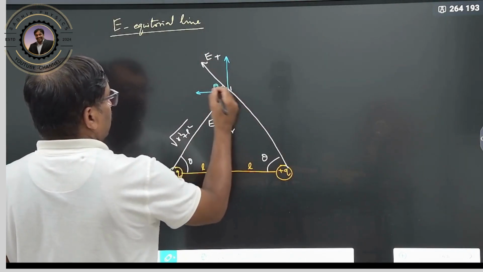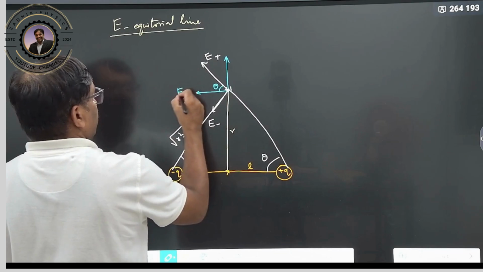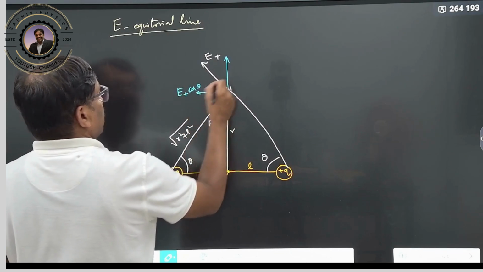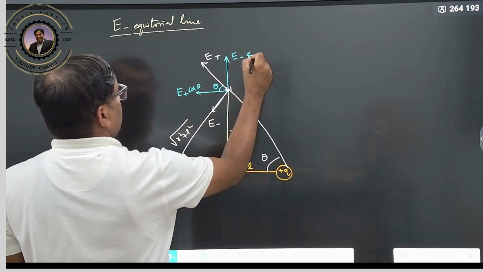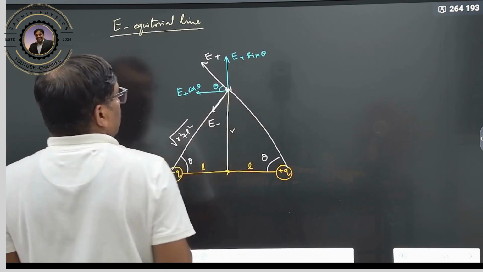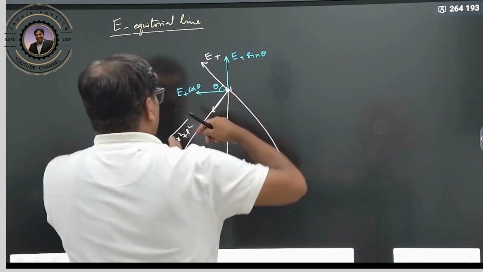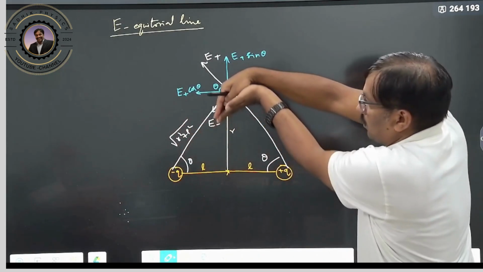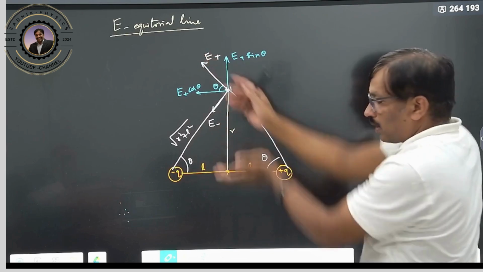So with theta, this is E plus cos theta and this is E plus sin theta, correct? This one also we can split like this.